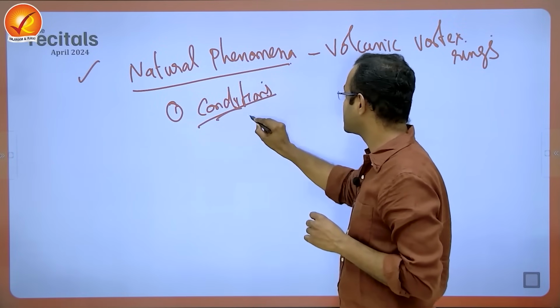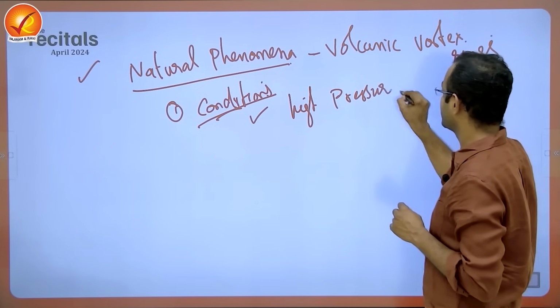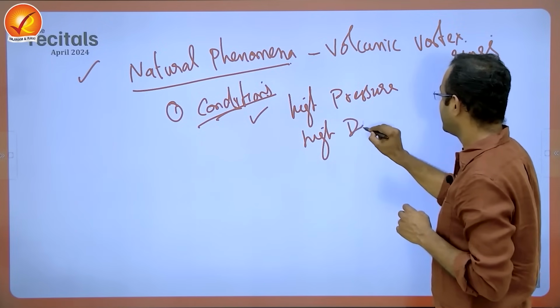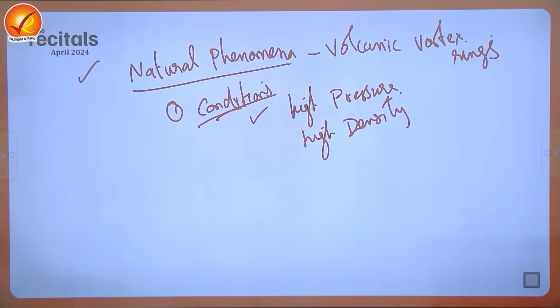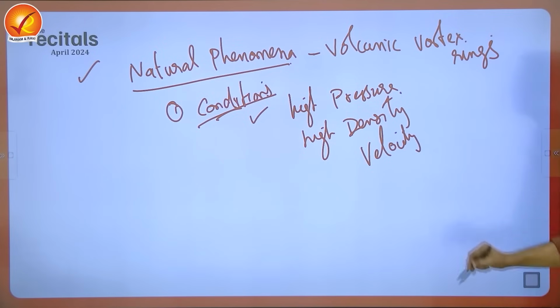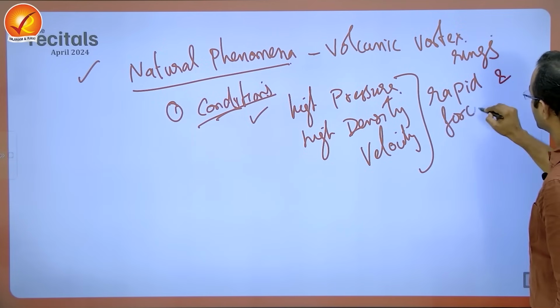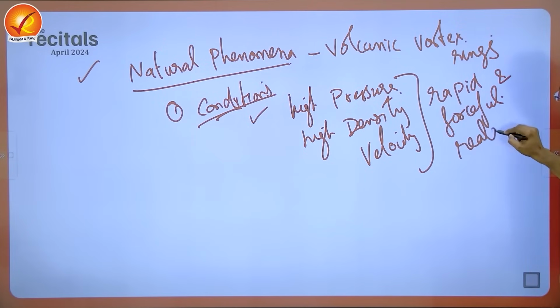This is formed under specific conditions, which include high pressure, high density, which is formed under high pressure and high velocity, where there is a rapid and forceful release of gases and pyroclastic materials.